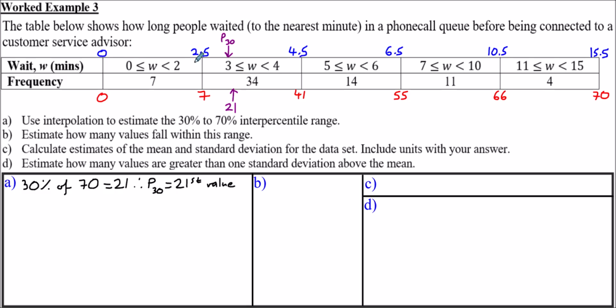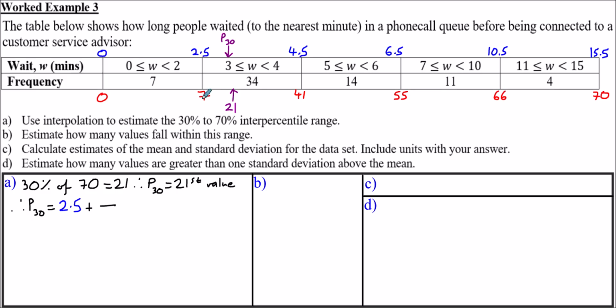And so this class interval begins at 2.5. So therefore, the estimate for P30 is we're going to start at 2.5, because that's where the class boundary begins. Now, the 21st value is going to be the 14th in this interval.